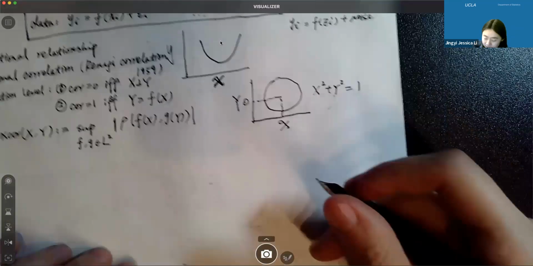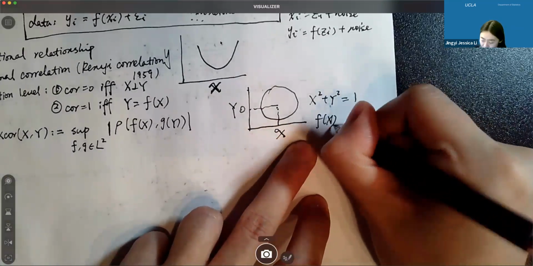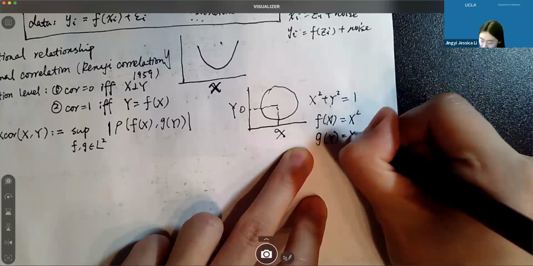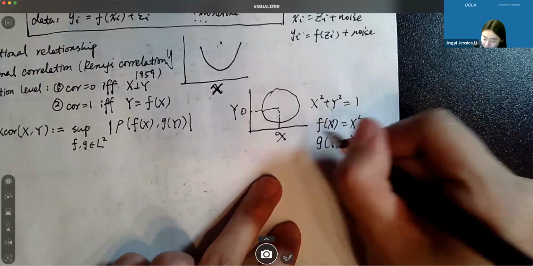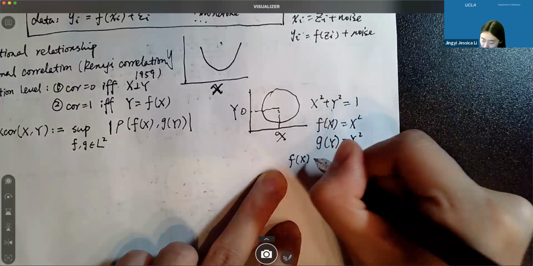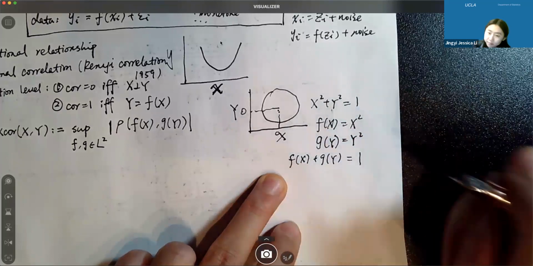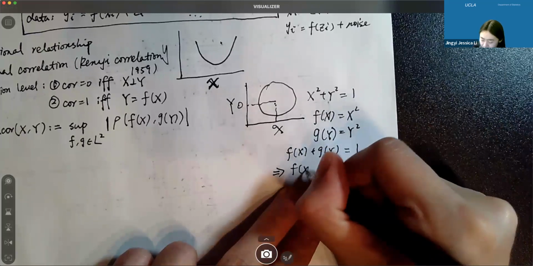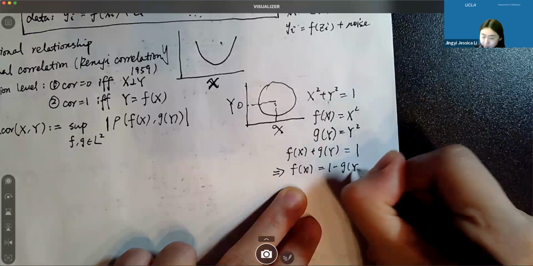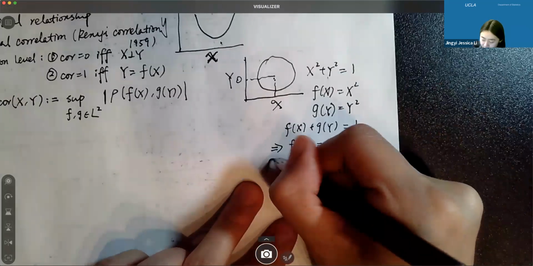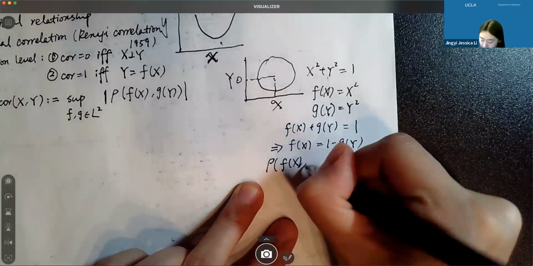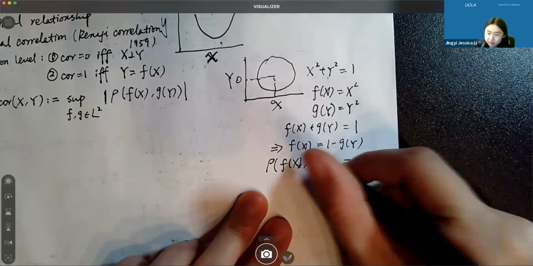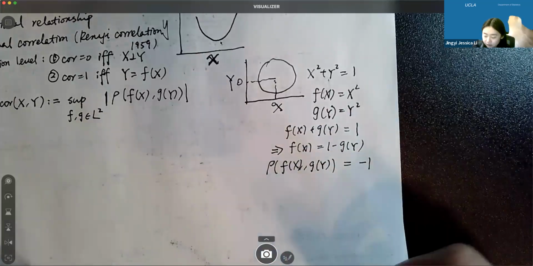What you can do is define f(x) to be x squared and g(y) to be y squared. If you define it this way, then you have f(x) plus g(y) equals 1. So based on this, f(x) equals 1 minus g(y). Then when you calculate the Pearson correlation of f(x) and g(y), you are going to get -1, because these two things are perfectly negatively correlated and they are linear.